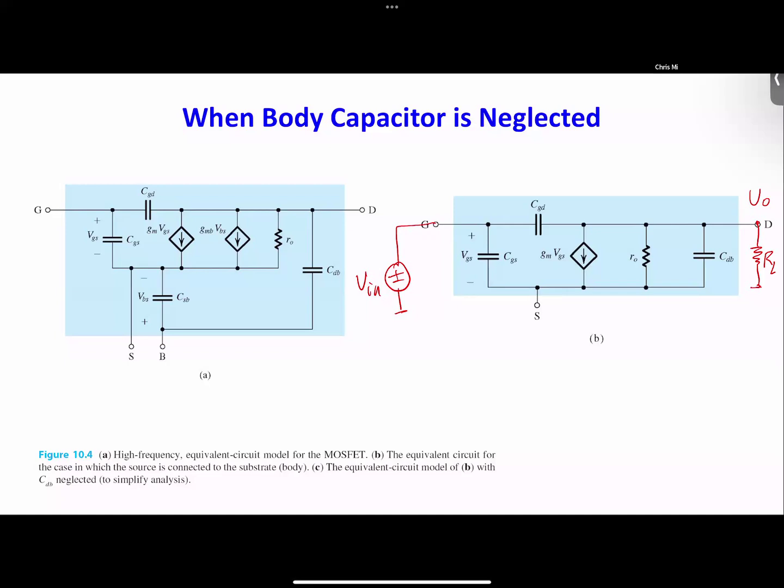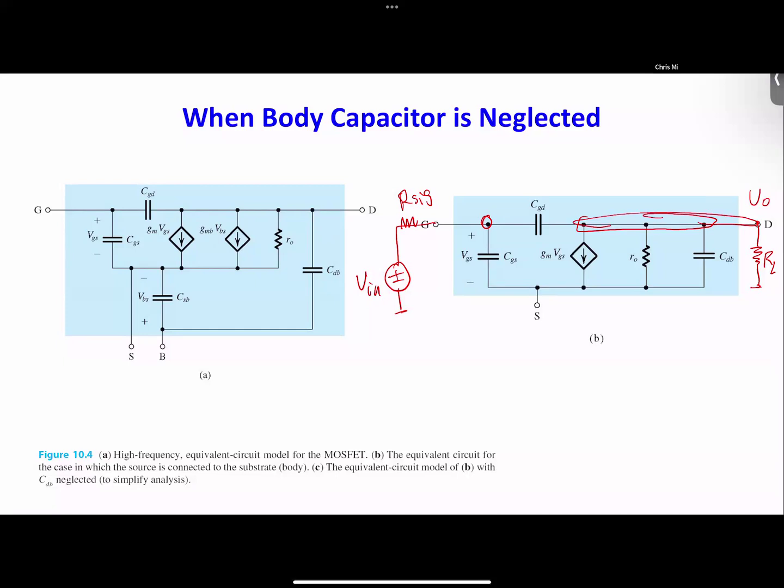Once we do that, you will see that we have just two nodes, one node over here, one node over here. In order to make it a little more straightforward, I'm going to add a resistor over here to represent the internal resistance of the input voltage. So now we're going to do a nodal analysis over here and a nodal analysis over here.